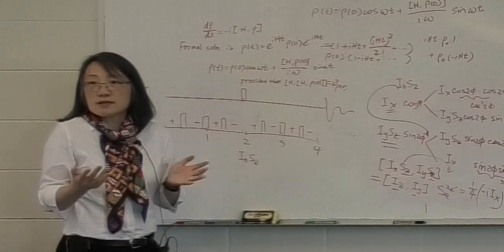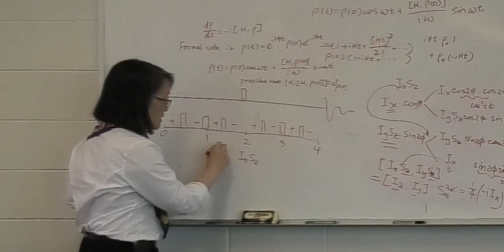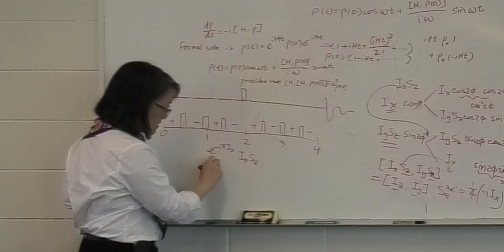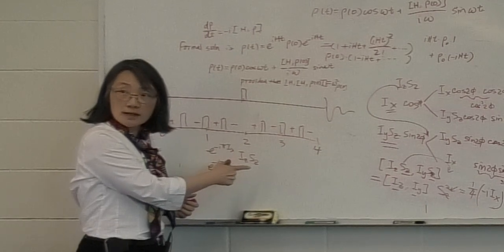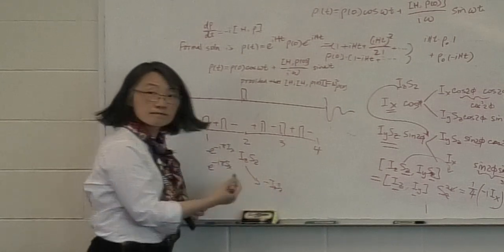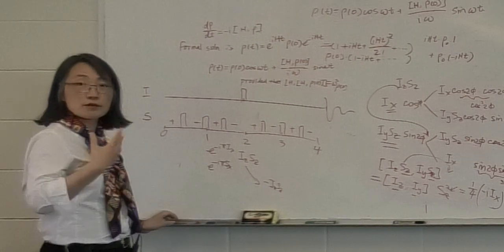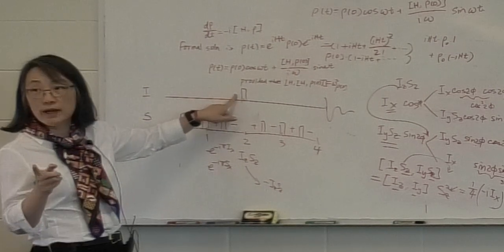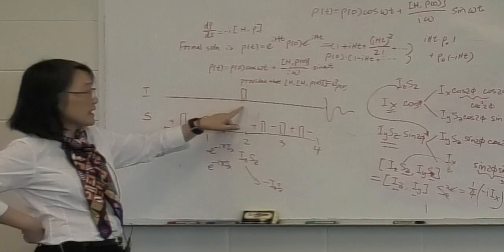Because it's always a pi pulse, whether it happens on the I side or the S side, you know what's going to happen: that IzSz is always going to just turn into minus IzSz. So it actually doesn't matter where you put the pulses, but for the purpose of removing chemical shift evolution, the simplest way is to put one pi pulse in the middle of the whole thing on the I channel.